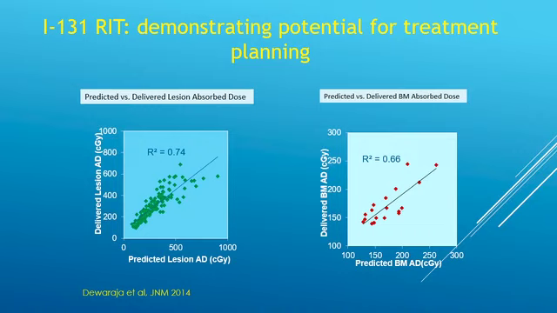The first one here on the left is the lesion, so the tumor dosimetry, which is not as critical because obviously that's not the life-threatening part, but it still shows very good correlation. This was done for I-131 radioimmunotherapy, so a similar type of product. I'm not sure if it was tositumomab or ibritumomab tiuxetan, but similar to the type of treatment we saw in the previous slide.